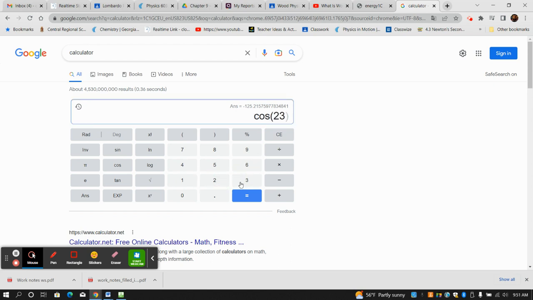Cosine of 23. Why is it negative? Oh, because it was in radians. Now we're in degrees, so now it should make sense. 23, yep. Times 47 times 5. That was where we got our answer. Same answer. So you can use this, or if you have the regular calculator, you can use it the way I just showed you.